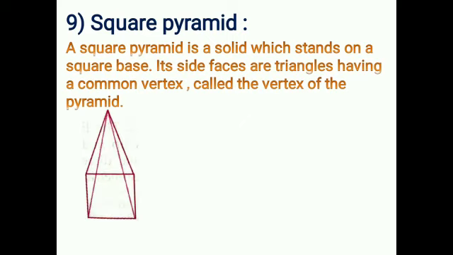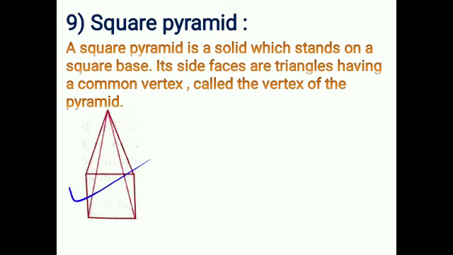See here, the base is a square. There are four faces. This one is a triangle, this is the second, also a triangle, this is the third, also a triangle, and the fourth face is also a triangle. So the base is a square and the four sides are triangles and they meet at one point. Then it is called a square pyramid.